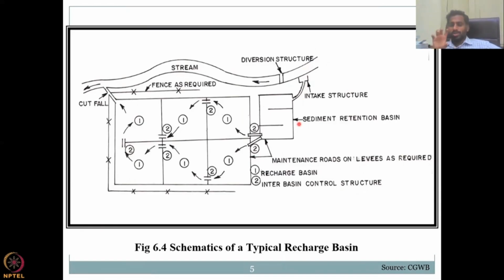It is allowed to stay for some time just to make the sediments drop. You're making it go in a fashion where it gets bumped by the walls of this tank and then comes back. It hits the walls, it loses velocity, and whenever it loses velocity, the sediments fall down. So when the sediment falls down, it is called a sediment retention basin. You are reducing the sediment load and then just taking the water on to the next phase, phase 2.